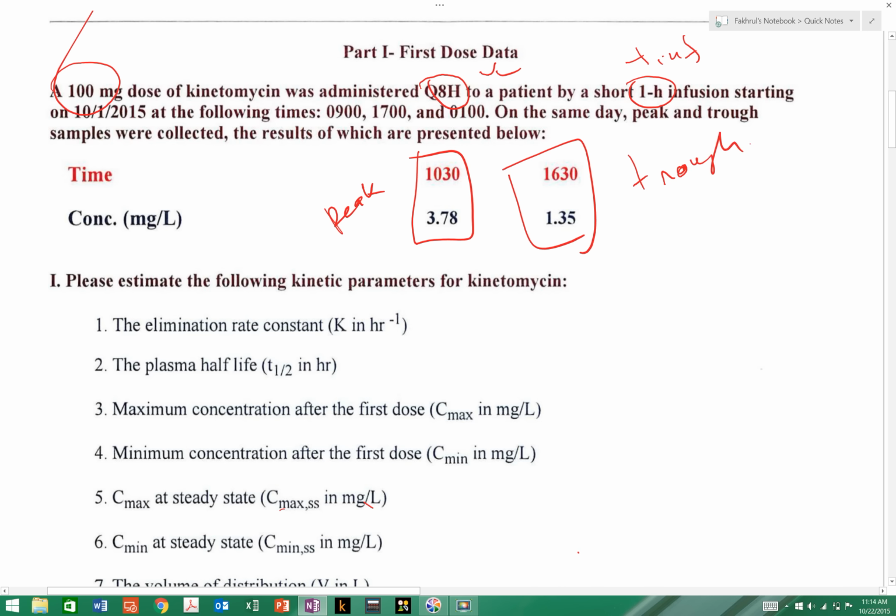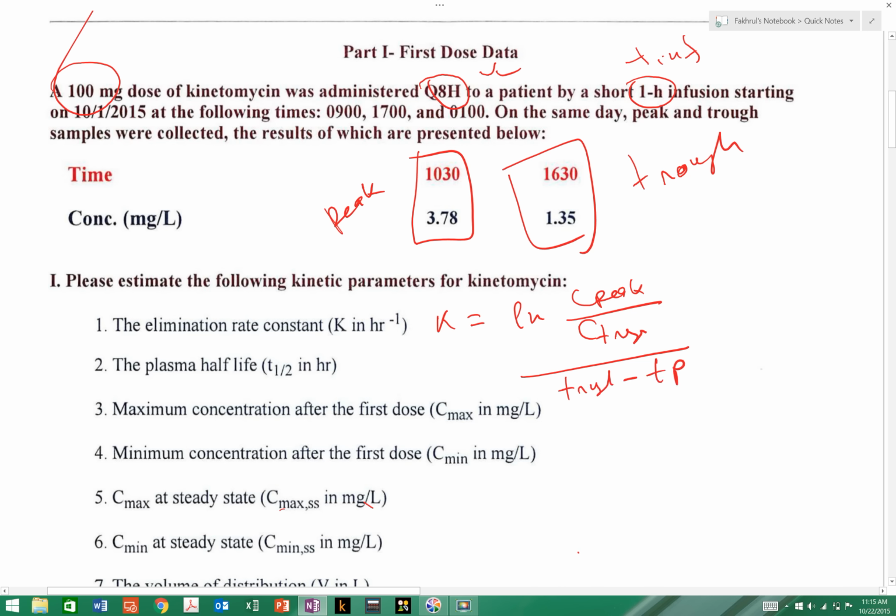So first thing, you have to identify this trough sample, and then use a different equation. For this one, use K is equal to ln of C peak over C trough, divided by T trough minus T peak.